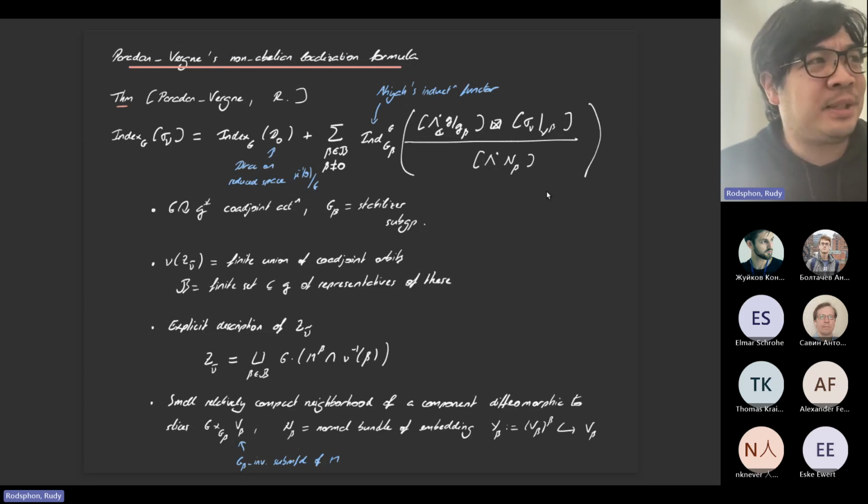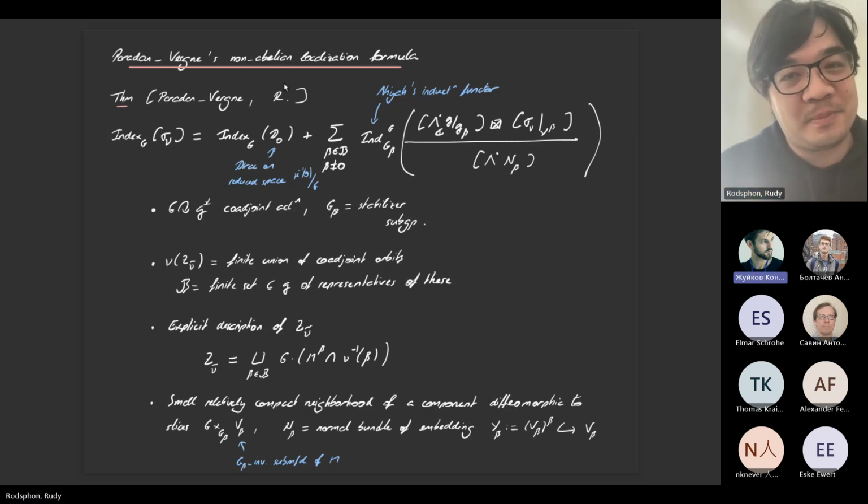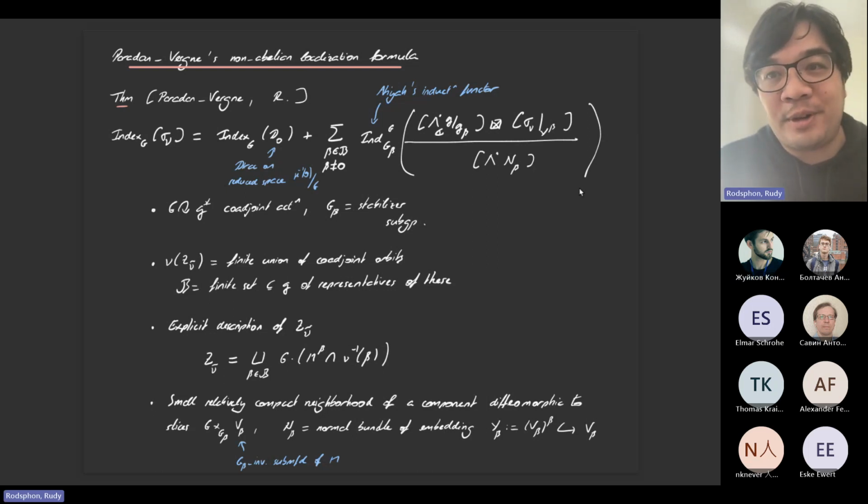What's interesting is this. Just to wrap up, I have a proof of their formula. Their proof takes something like 30 pages. But if you use Kasparov's technology, and you have the background on KK theory, it takes 2 pages. This shows how powerful Kasparov's tools are.